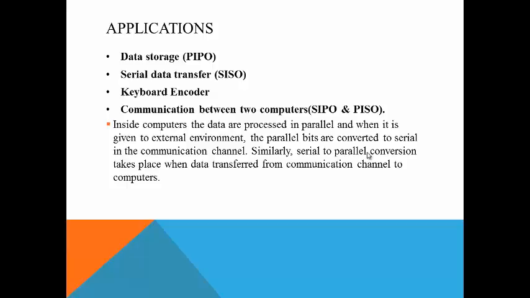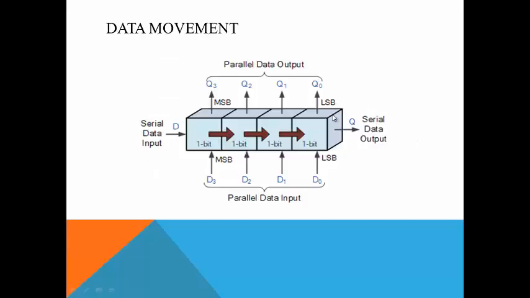Similarly, from the computer, when you give data to a serial port, you should have a parallel in, serial out shift register. Okay, so this is, for example, a keyboard encoder also, where you need this serial in, parallel out data transfer.